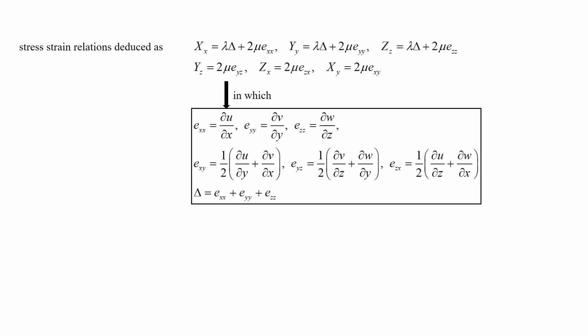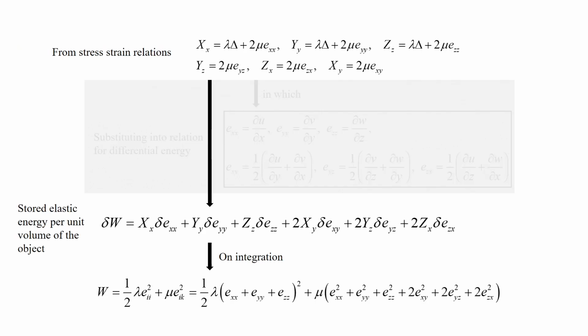And delta, as I described, is equal to Exx plus Eyy plus Ezz. Now we can substitute these relations into the expression for the elastic energy per unit volume, delta W, which is an infinitesimal quantity. For an infinitesimal increase in the strain, it is the infinitesimal energy stored in the volume element per unit volume.